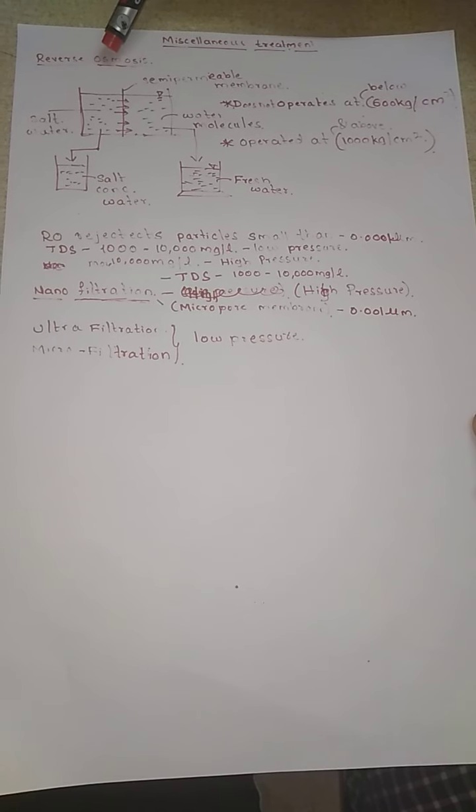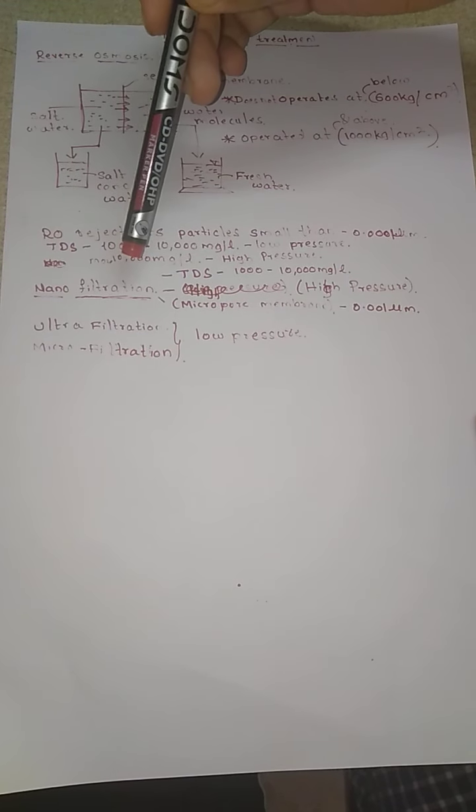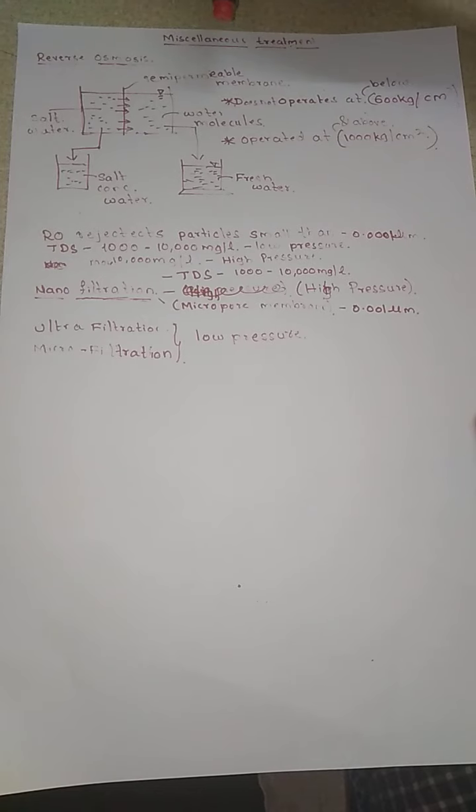Now, for reverse osmosis and nanofiltration, why we are going to study is, if the salts are more in the particular water, we need to make it suitable according to the IS standards.